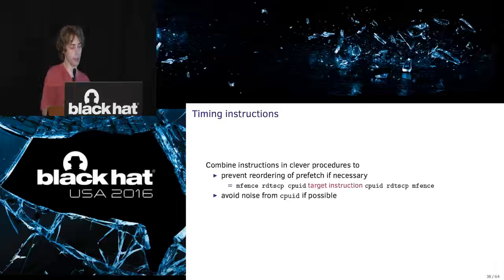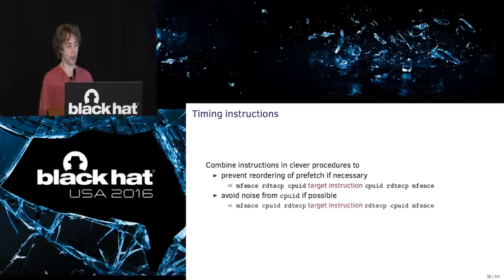We have observed that, but the noise should cancel out over several measurements. If we want to reduce the noise from CPUID, and if we don't measure a prefetch instruction, then we can instead execute the following sequence: mfence, then CPUID, and then RDTSCP, and this will provide us with a better accuracy, so we don't have to perform that many measurements.